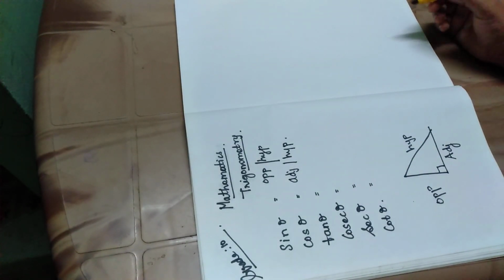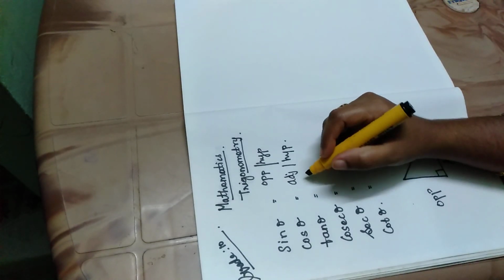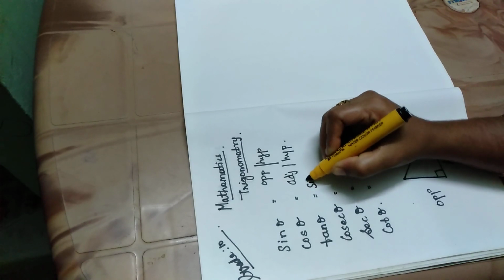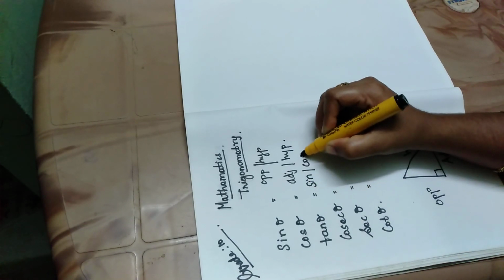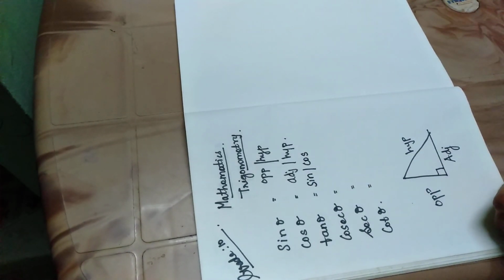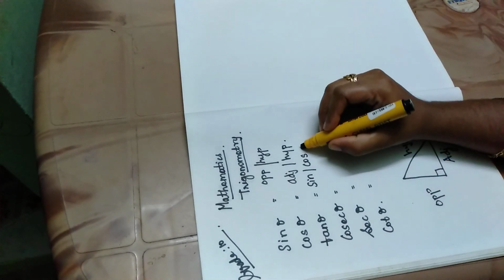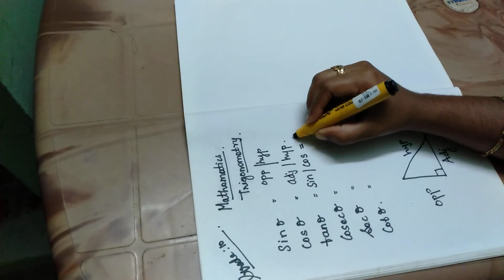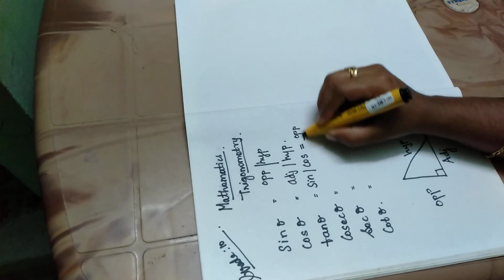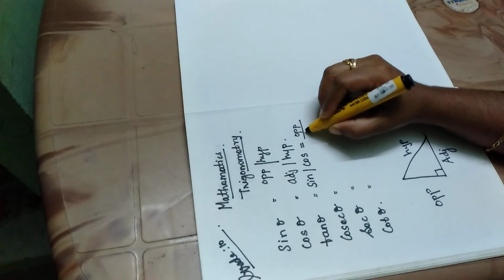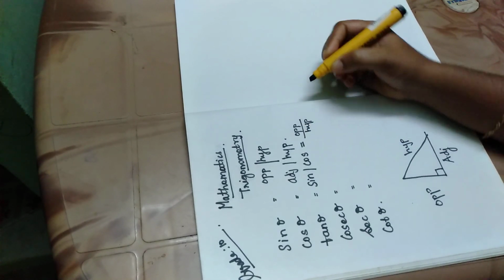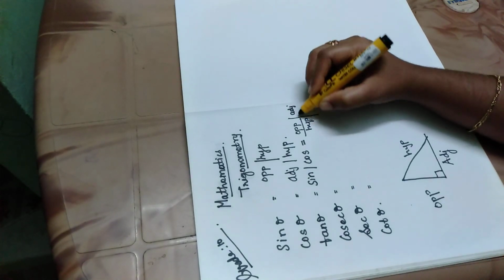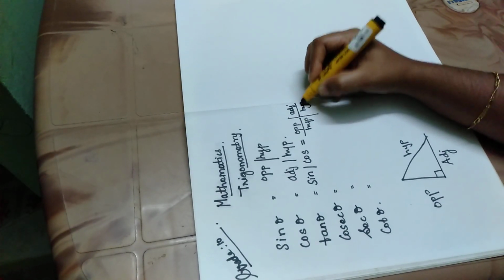Now tan theta means, you all know the common formula for tan theta. That is sin divided by cos. So opposite side divided by hypotenuse, the whole divided by adjacent side divided by hypotenuse.